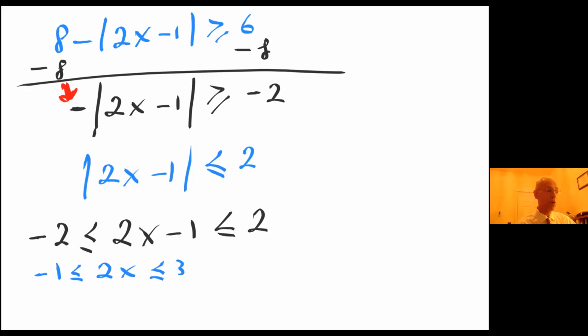And now I'm going to multiply every side of this inequality by 1/2, or divide by 2. So I'm getting -1/2, x, 3/2.